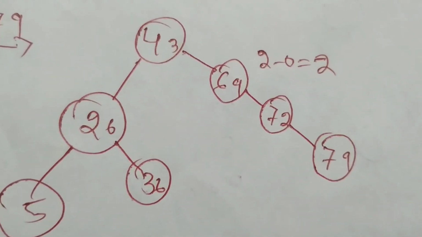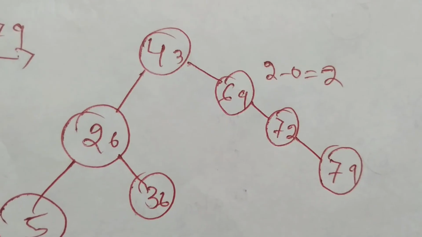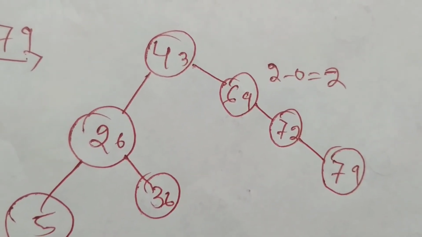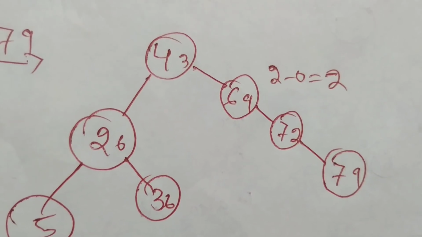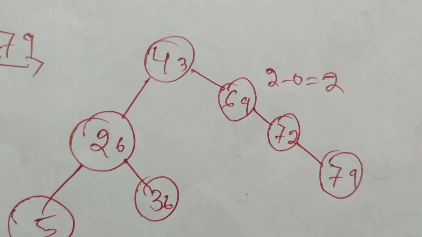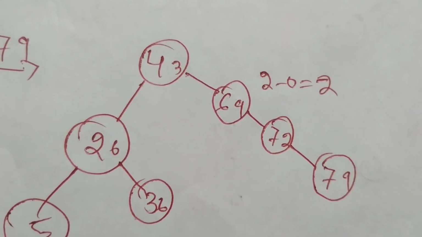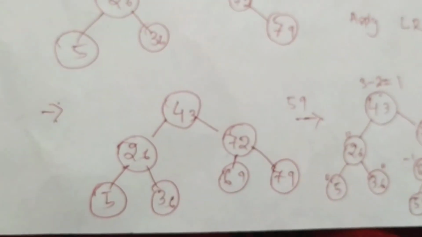For all other nodes, if you check 5, 36, 26 or 43 or 72 or 79, you will find the balance factor is minus 1 or 0. But here the balance factor for 69 is 2. Okay. So here we have to apply the rotation again.